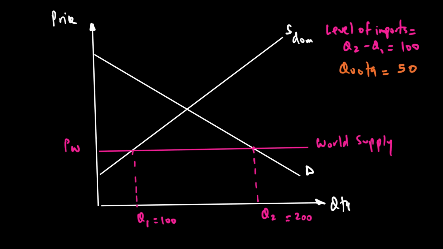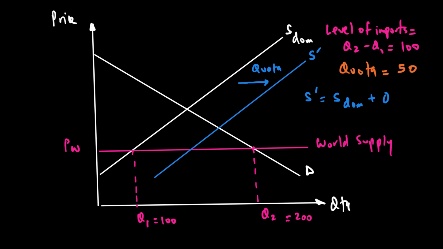Something like this will happen. This becomes my new supply curve, S dash, which is quota plus S domestic. So S dash is equal to S domestic plus quota. There is a rise in my supply by the amount of 50.